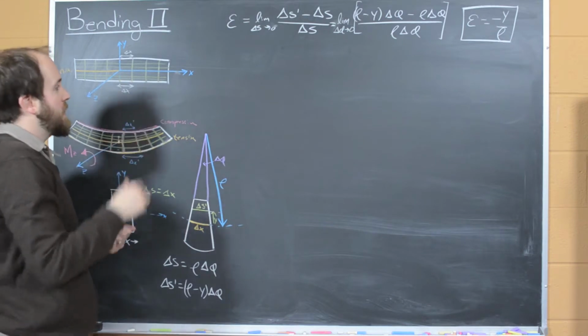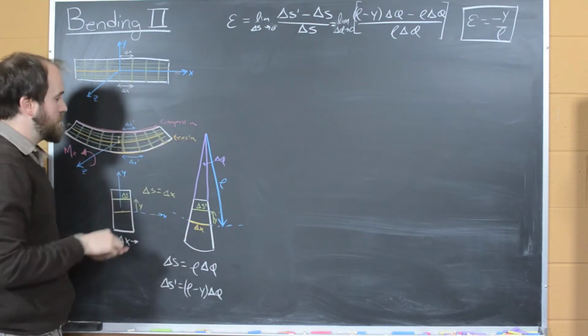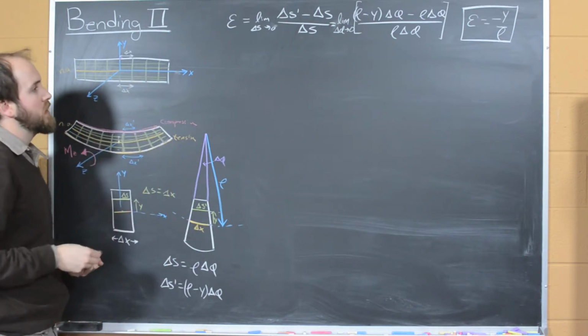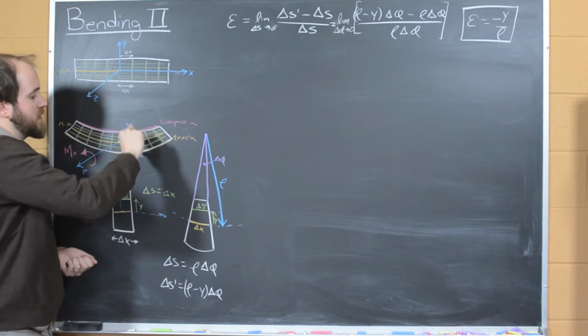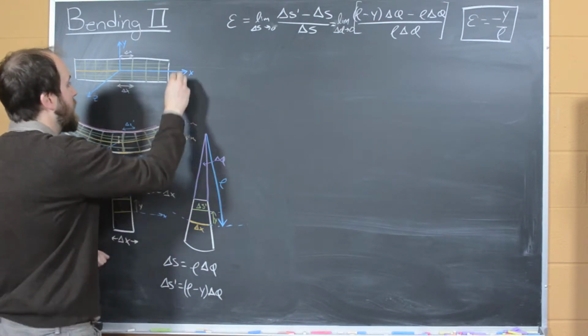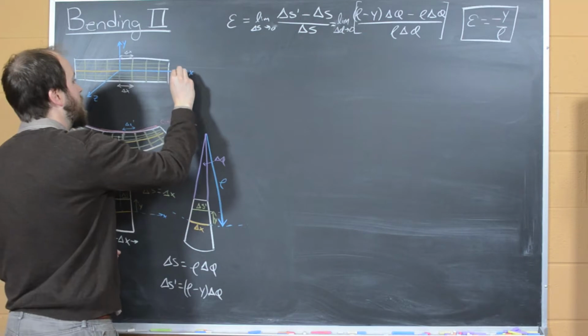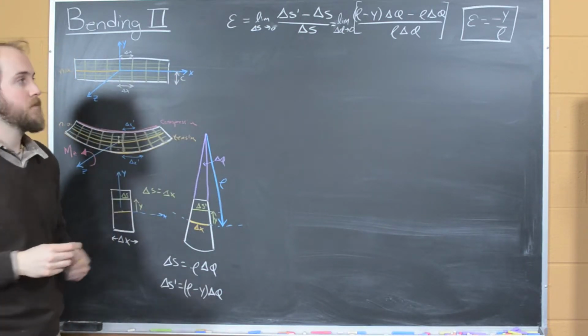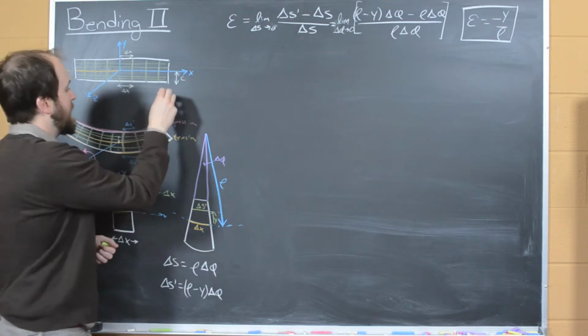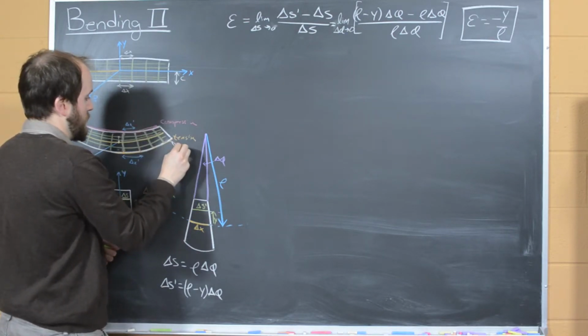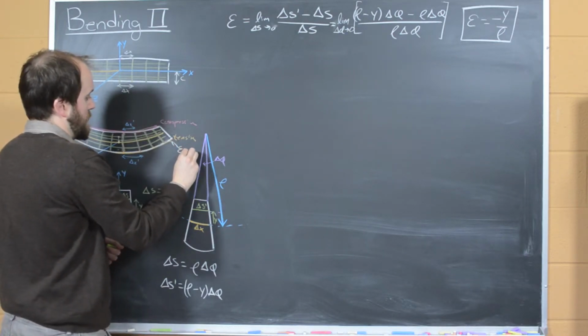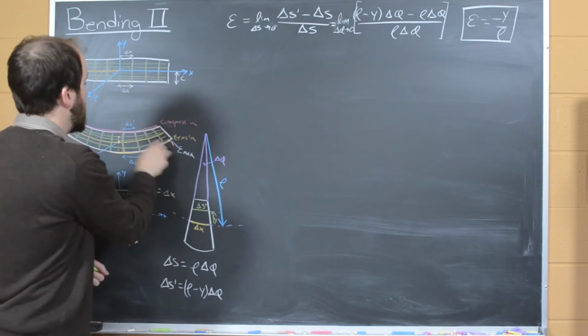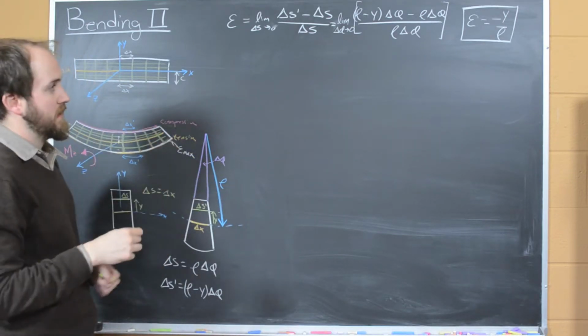The other thing that this tells us, even as we can see from this drawing, is that our maximum value of strain is going to occur at the furthest distance away from the neutral axis. And just like we did with torsion, we can define that furthest distance from the neutral axis as c. That's where our maximum strain is going to occur, on the outer edge, both the top and the bottom, if the neutral axis runs down the center.